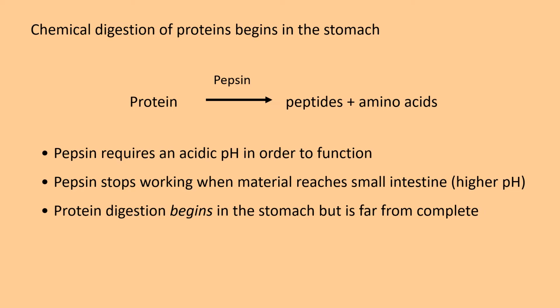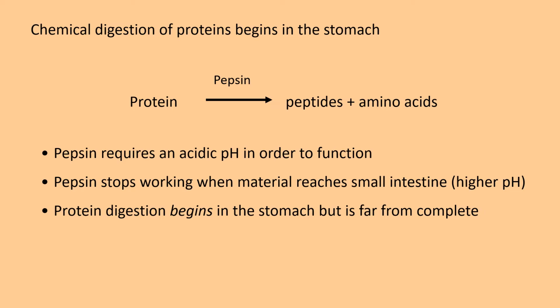Pepsin is an enzyme that requires a low pH in order to function. At a higher pH, pepsin changes shape. Enzymes are proteins. Proteins are influenced by the local pH. So pepsin is in its optimal shape in the low pH of gastric juice.